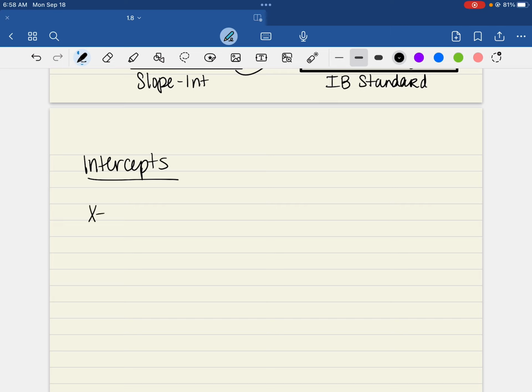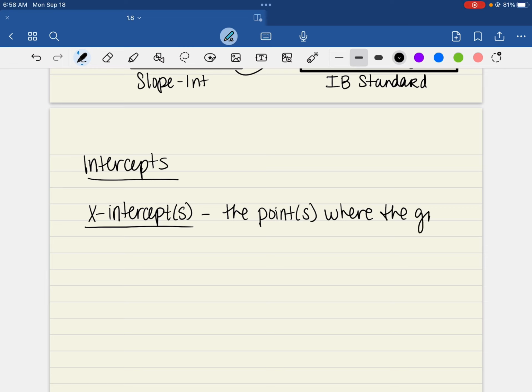An x-intercept, or plural, is the point or points where the graph crosses the x-axis.